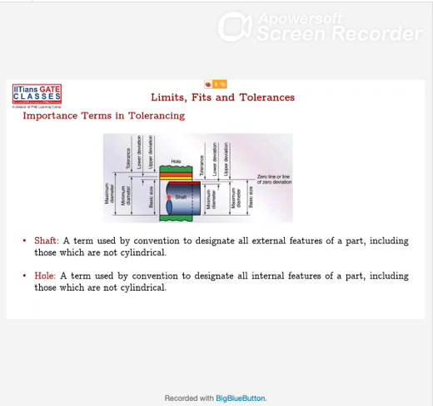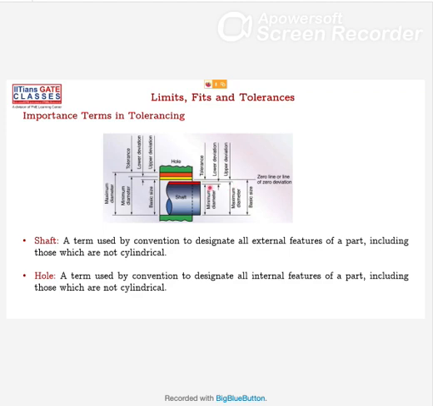So these are the different limits, and this is your basic size. Whatever the basic size is, this is your basic size. Basic size in the sense of whatever the manufacturer intended to have. So don't forget about all this lower deviation, tolerance, upper maximum diameter. Don't worry much about this. We will be discussing it again in the coming slides. Don't worry about it.